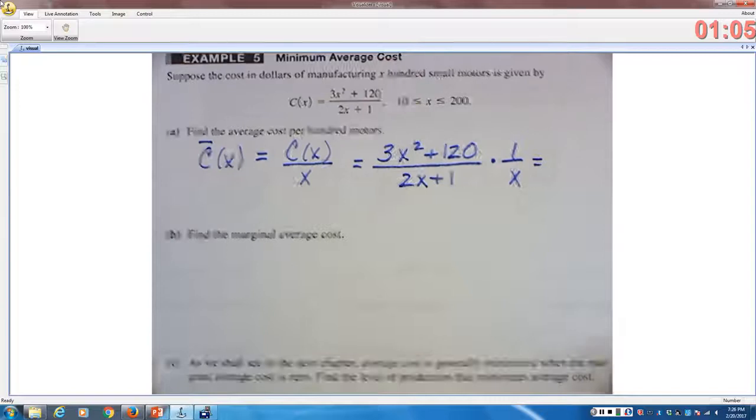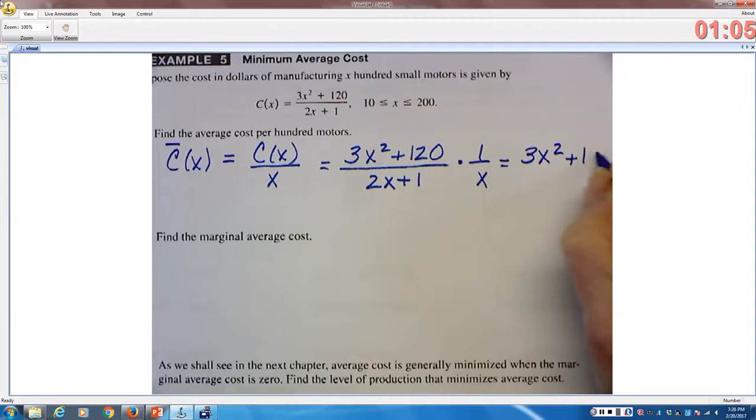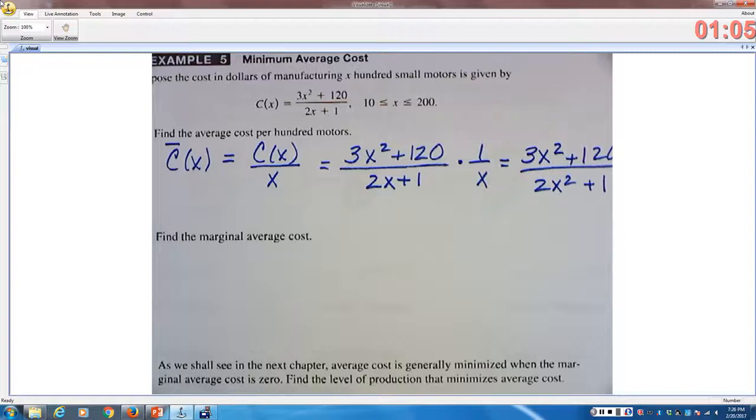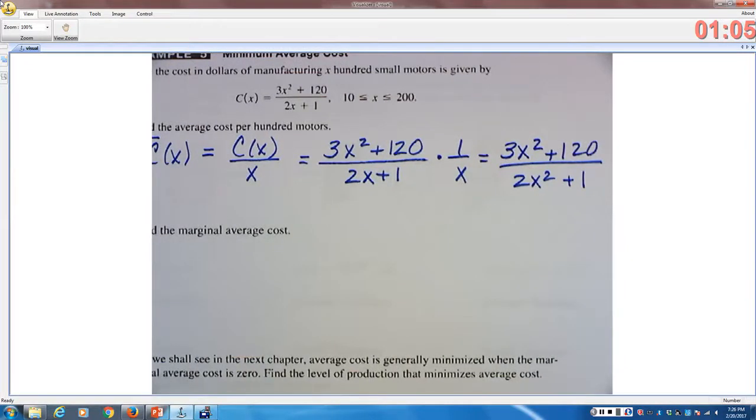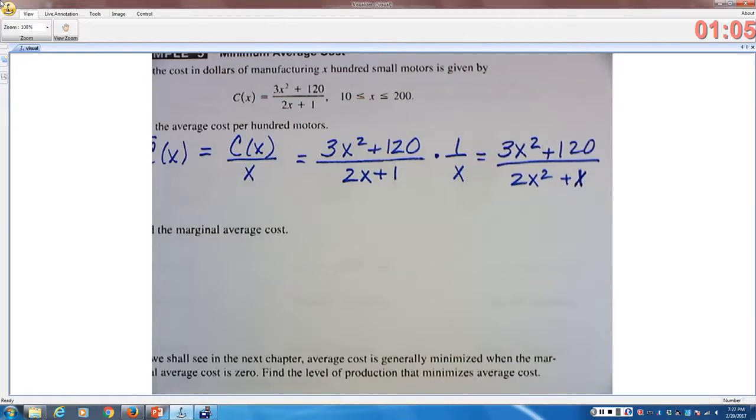So my function winds up looking like this. And it is a quotient, 3x squared plus 120 over 2x squared plus x.